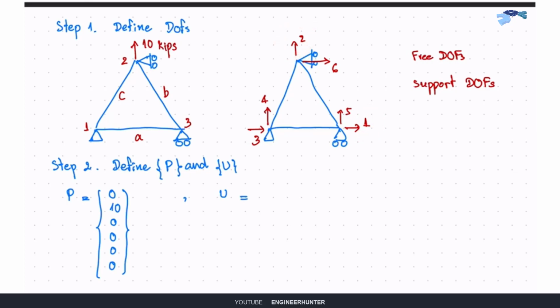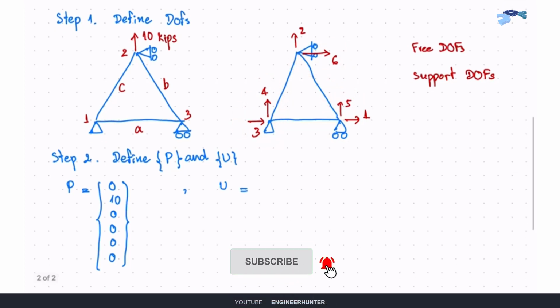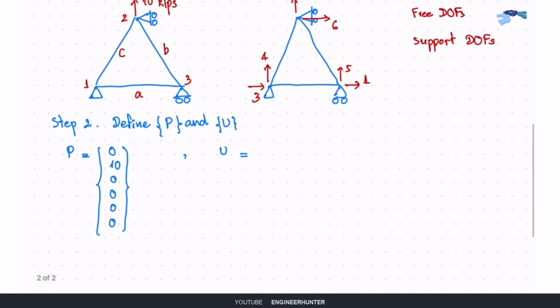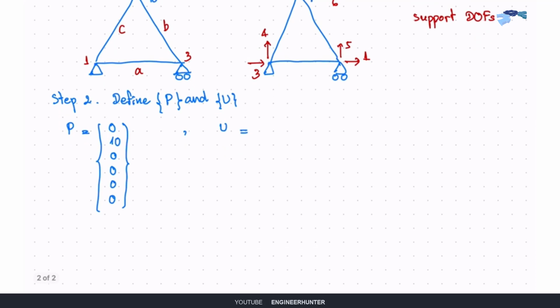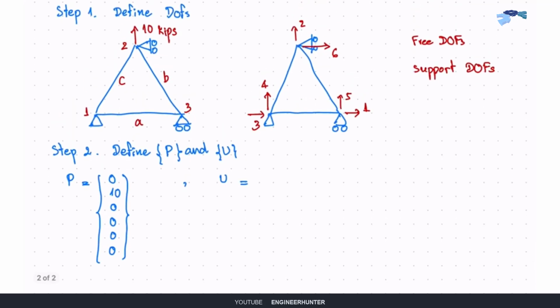And for the other degrees of freedom, the displacement is equal to 0, because it is the support, and we know that the displacement at the support is equal to 0. So this is u1, u2, and 0, 0, and 0.